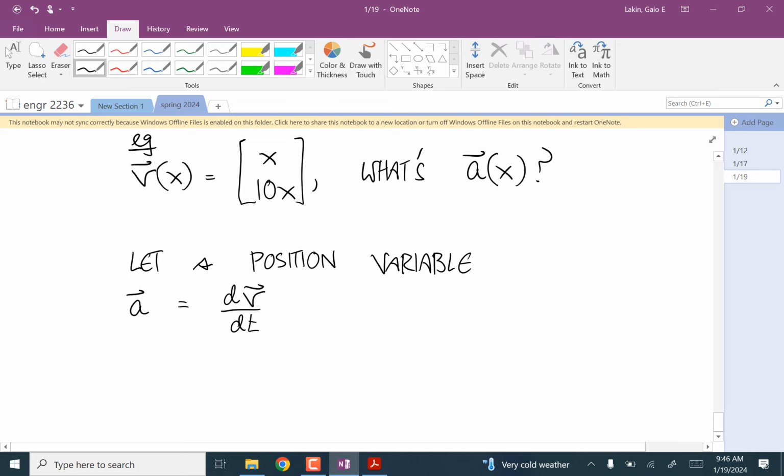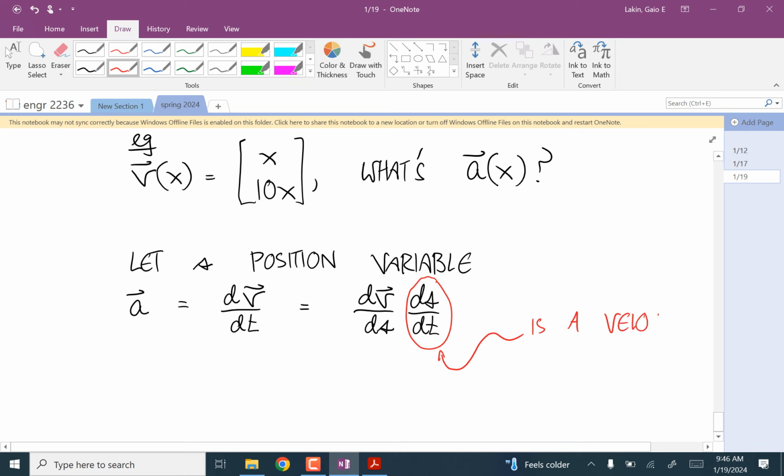And if we think of that in terms of the chain rule, that says derivative of the velocity with respect to that position variable times ds/dt, and this is a velocity component that you already know.